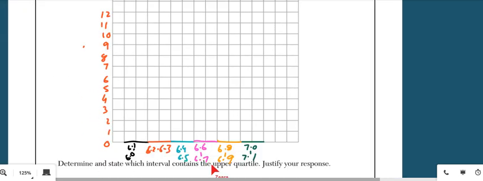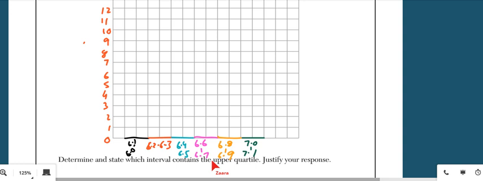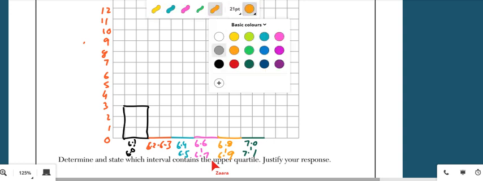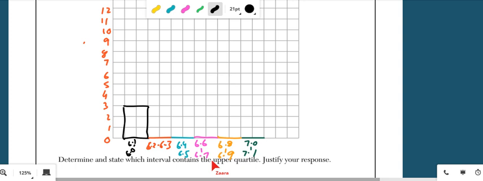So I have to make a box now highlighting 3. So this one. Okay, this is the fourth.